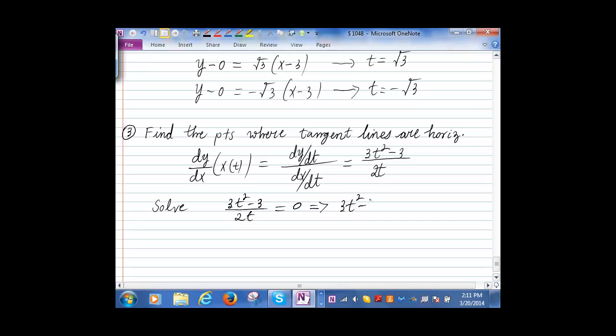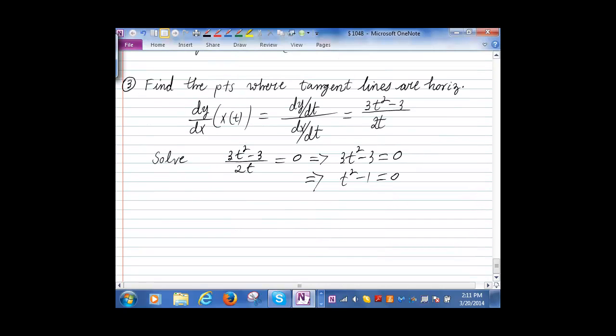So that means I have this, and then I could say t squared minus 1 is 0 because I can divide both sides by 3, and then t is clearly what? Plus or minus 1. So at those two times, whatever points are traced, at those points I have horizontal tangents.